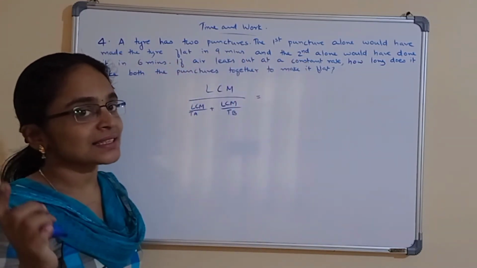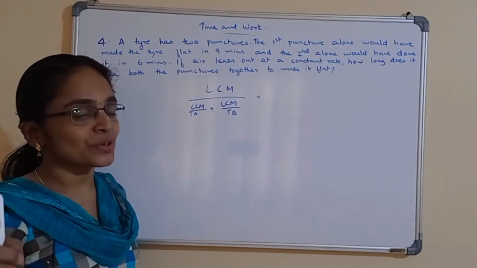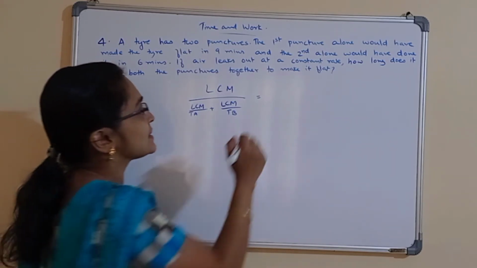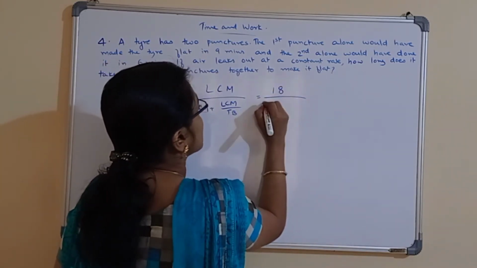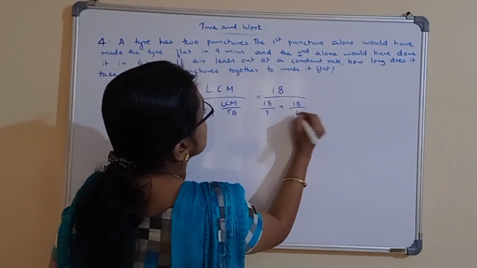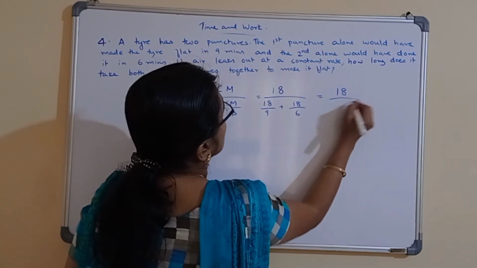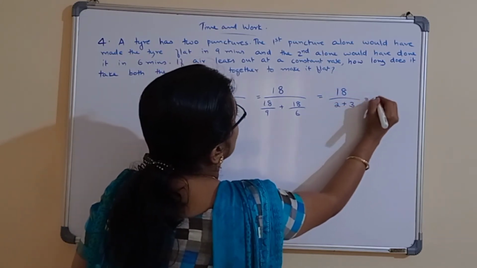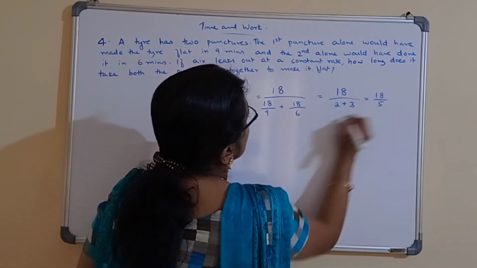The LCM of 9 and 6 is 18. 9 into 2 is 18 and 6 into 3 is 18. So 18 by 9 plus 18 by 6, which is equal to 18/(2+3), and that is equal to 18/5.